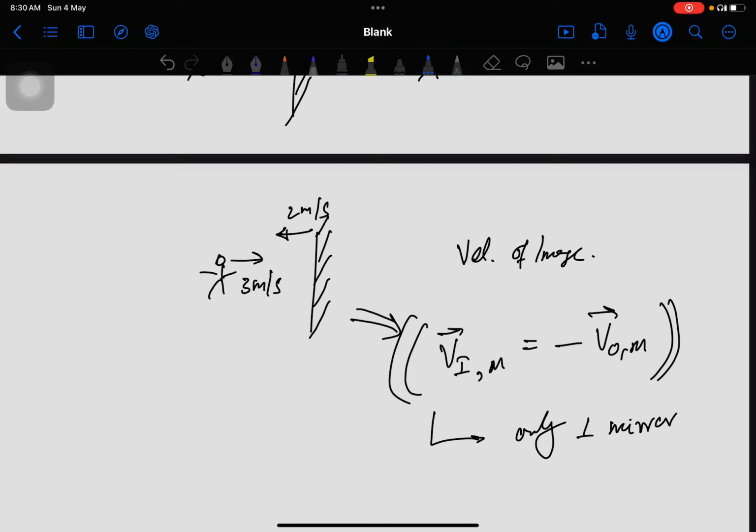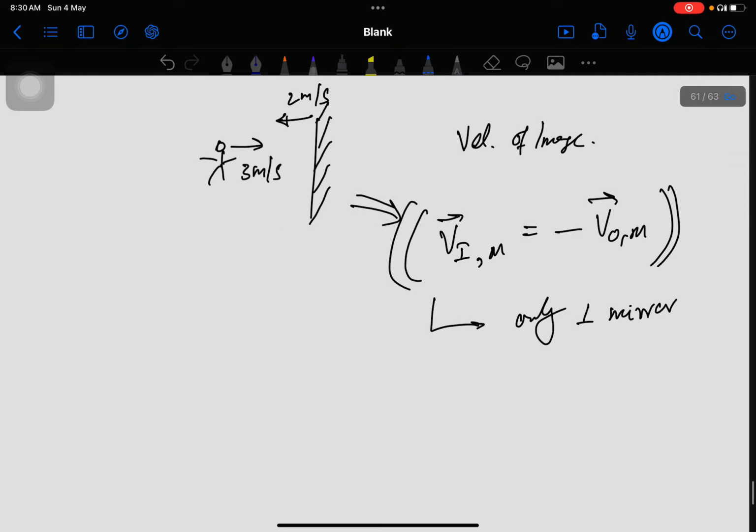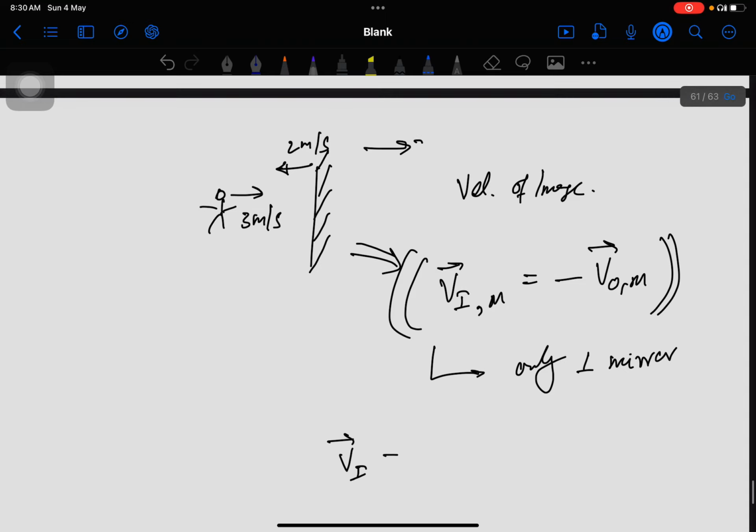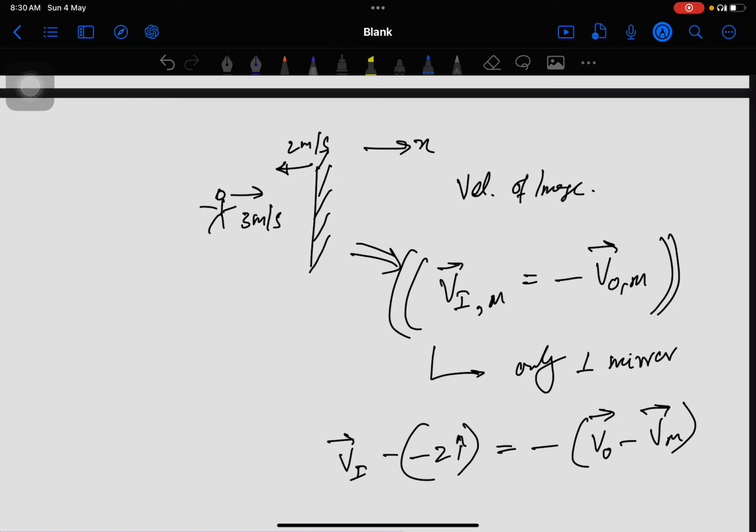Using this particular result, we can directly write that the velocity of the image minus the velocity of the mirror, if you take this as the positive x-axis, the mirror is moving in minus i cap, so it is minus 2 i cap. This is equal to the negative of the velocity of the object minus the velocity of the mirror.